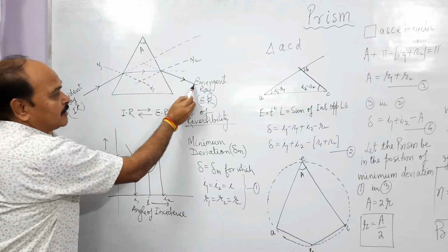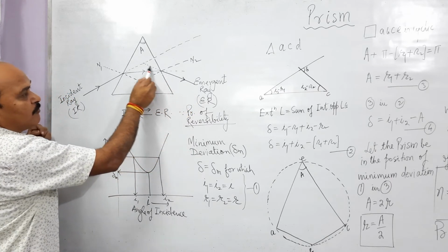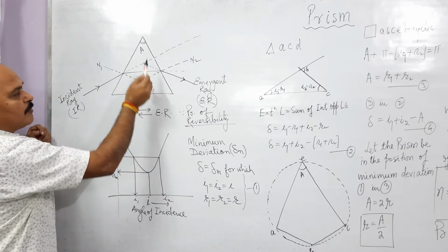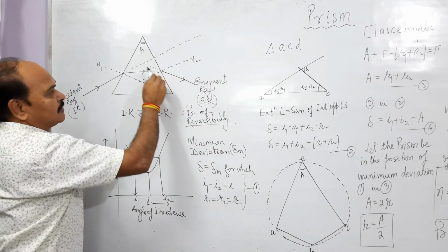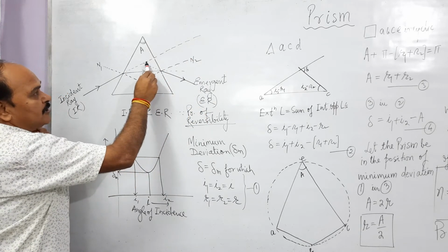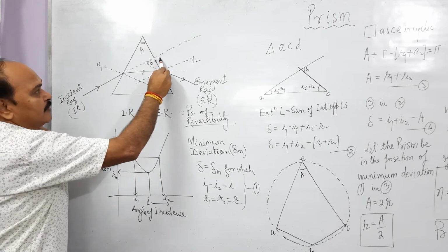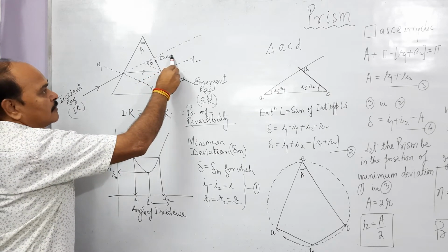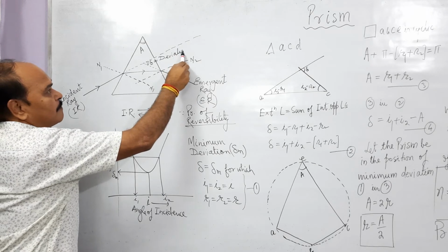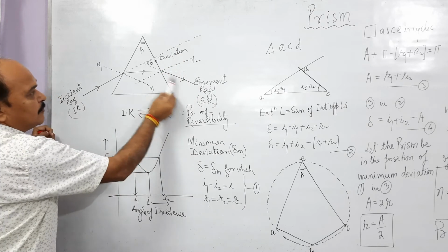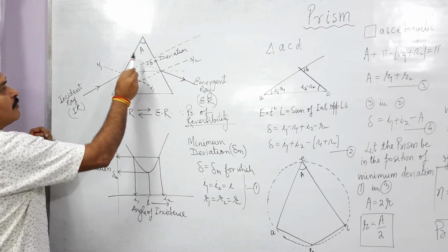And if we extrapolate this emergent ray backward, what do we come to know? This is the direction of the incident ray, this is the direction of the emergent ray, and the angle between these two directions is delta. This delta is called the angle of deviation. This is the deviation produced by the prism. And this emergent ray appears to come somewhere from here.